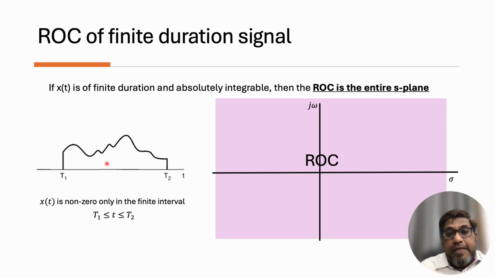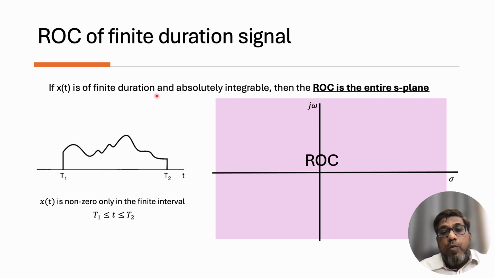But now let us look at the Laplace transform ROC for a signal which is of finite duration, and which is also absolutely integrable. That means when we integrate the signal between its limits, it remains bounded. The integral is not infinite, so we say that it is absolutely integrable.